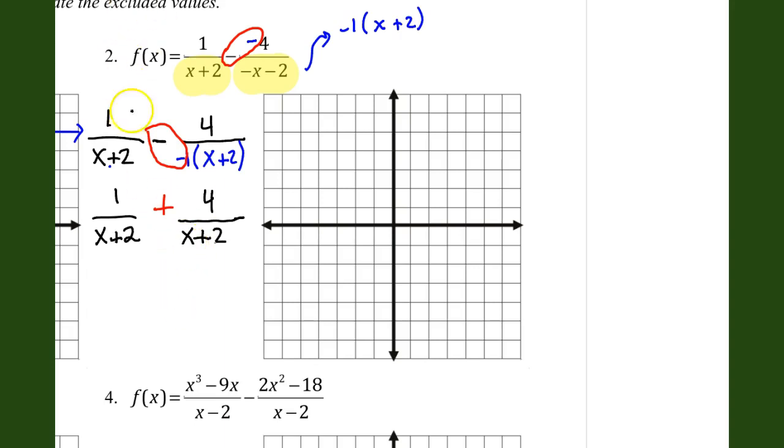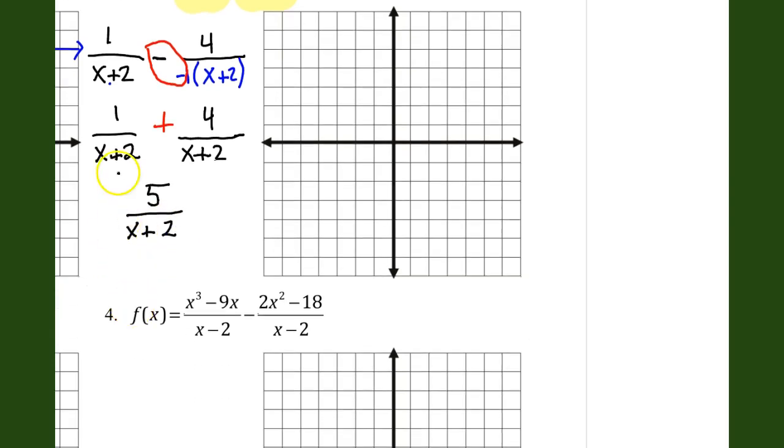So really, this is going to be 5 over x plus 2. And what kind of graph is this? Rational. So if you like, you can write it as 5 times 1 over x plus 2 plus 0. And go ahead and graph it.